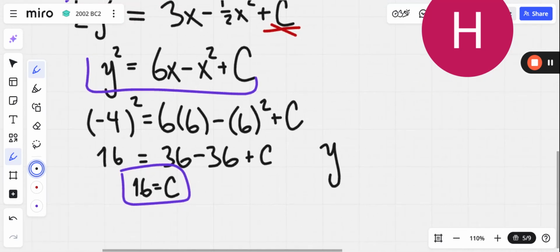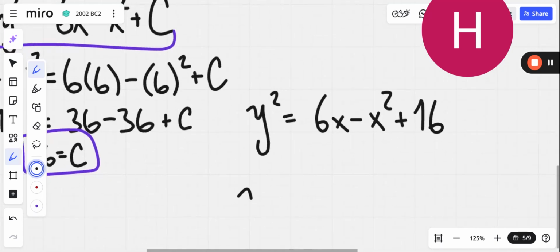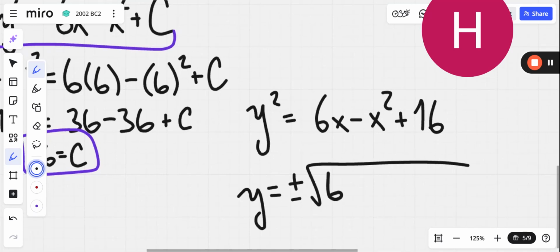And that means we have this equation y squared equals 6x minus x squared plus 16. But we want to get the y by itself. So whenever you're taking a square root to solve an equation, you always want to consider the plus or minus case.